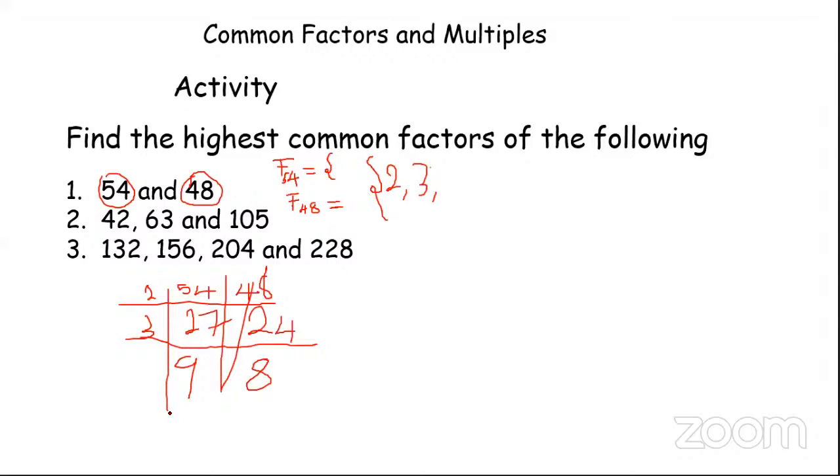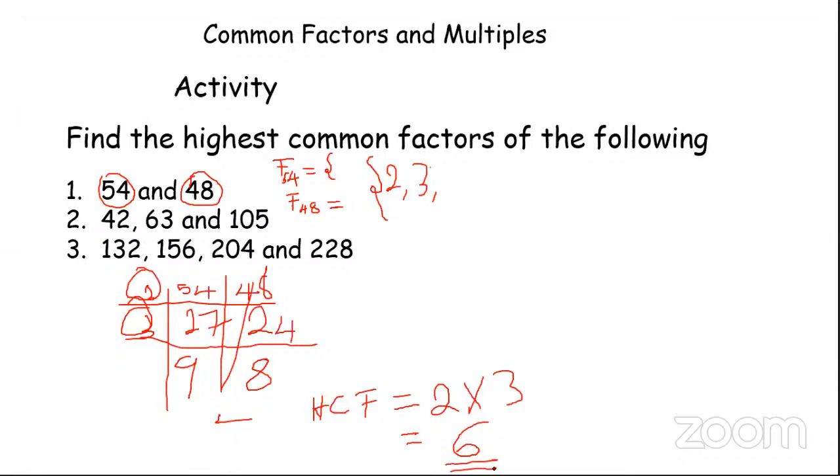Okay, so our answer is supposed to be the highest common factor. Here, when we use the ladder method, we multiply the 2 and 3. So it's going to be 2 times 3, and this gives us 6.